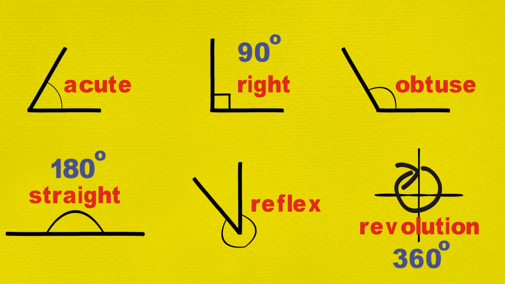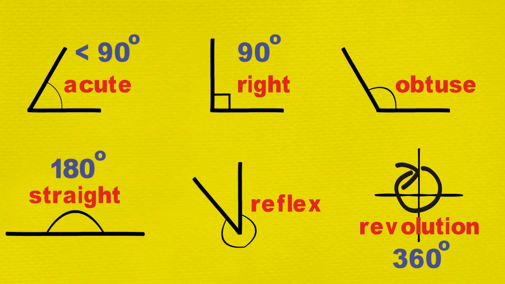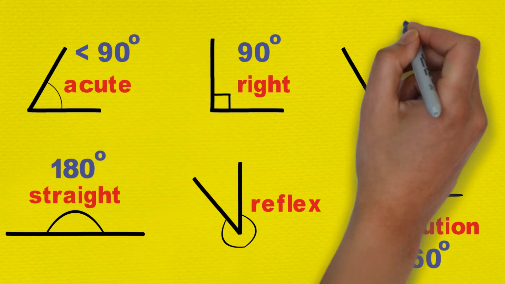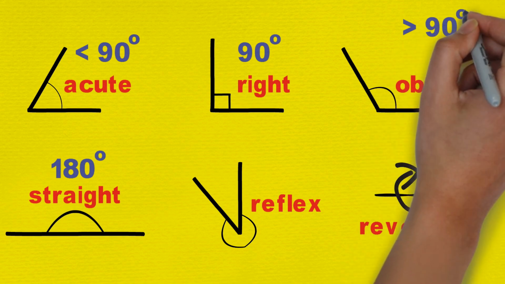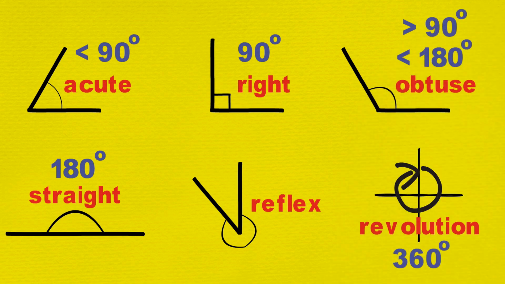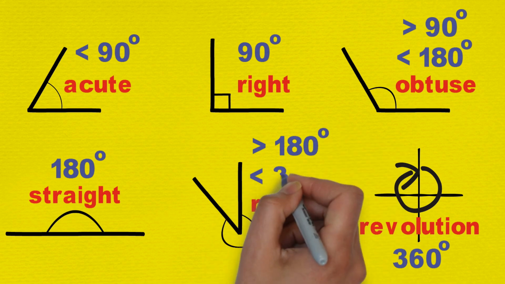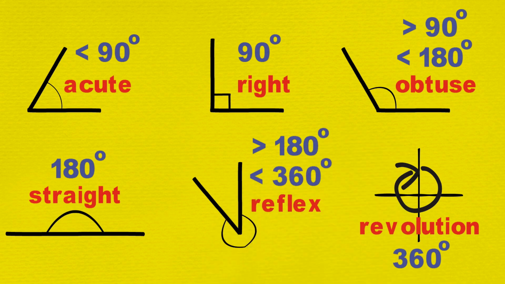So that means an acute angle is less than 90 degrees, an obtuse angle is greater than 90 degrees and less than 180 degrees, and a reflex angle is greater than 180 degrees and less than 360 degrees. Let me show you with the protractor.